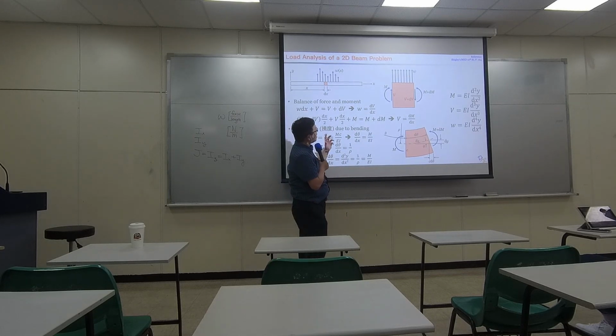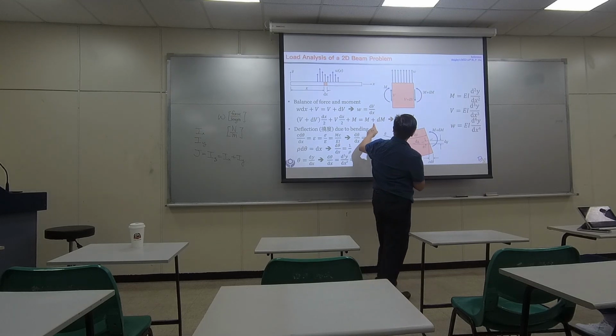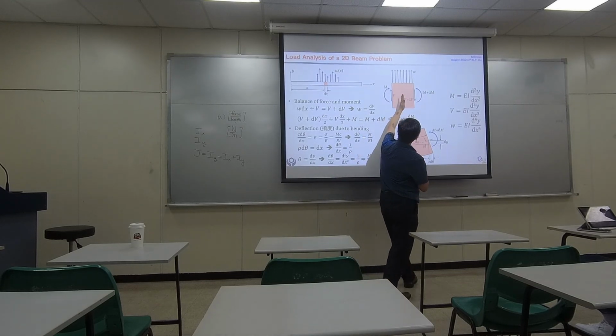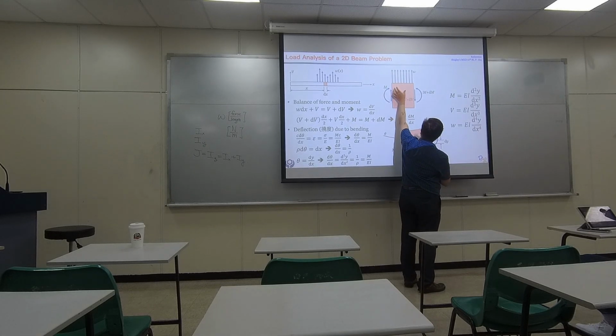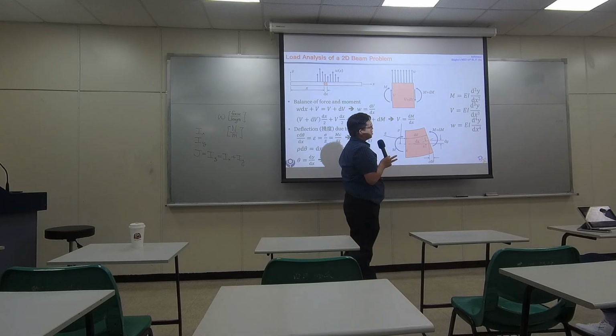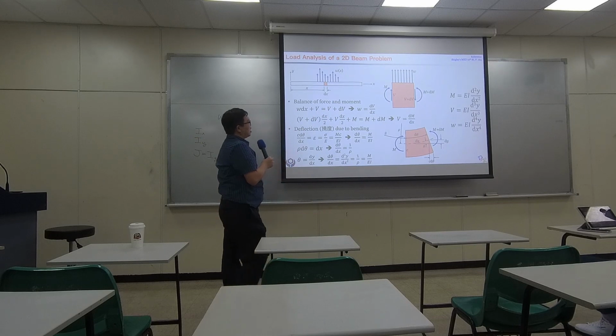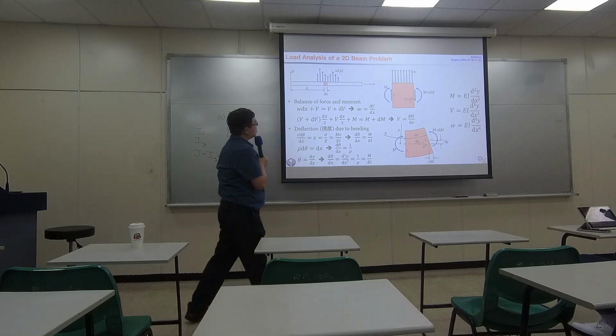The other guy generating a clockwise moment is the M right here. So the only thing going counterclockwise is M plus dM right here. How about W? If you have a center right here, the left portion of the force goes clockwise, the right portion goes counterclockwise, they balance out because it's a symmetric geometry. So you don't even need to put them in the equation.